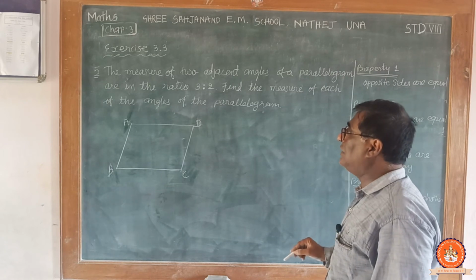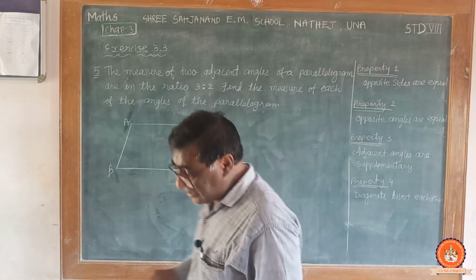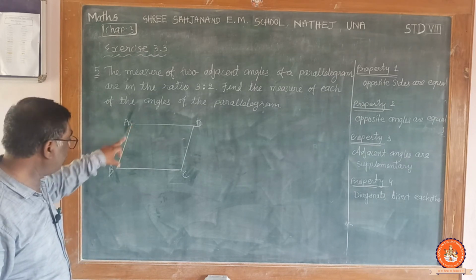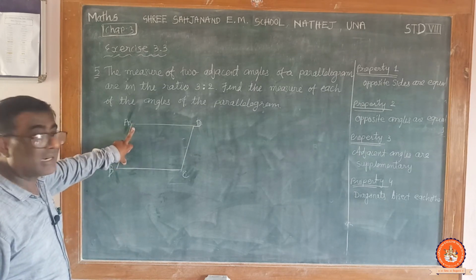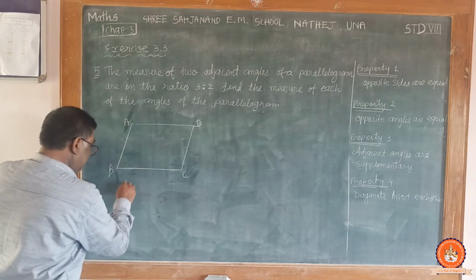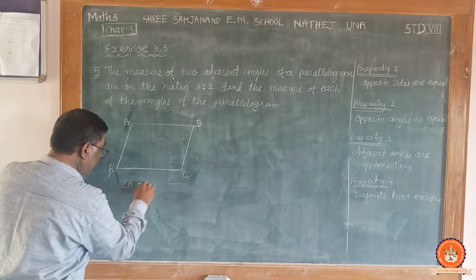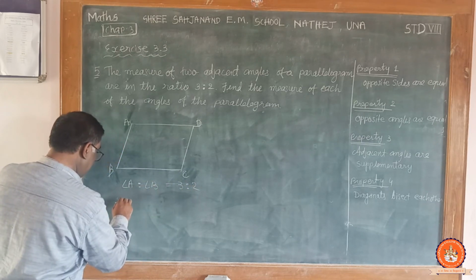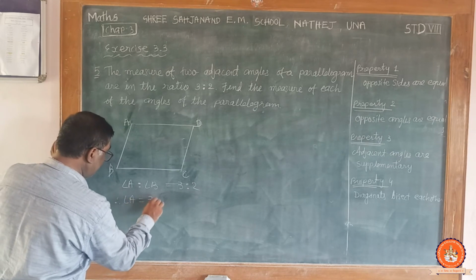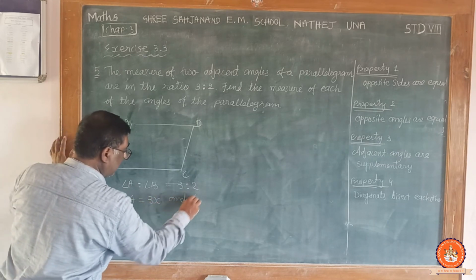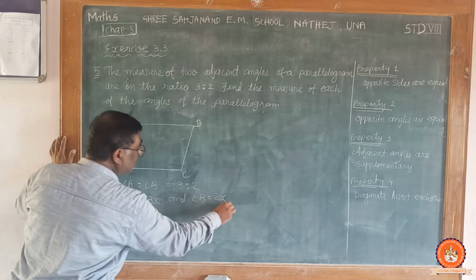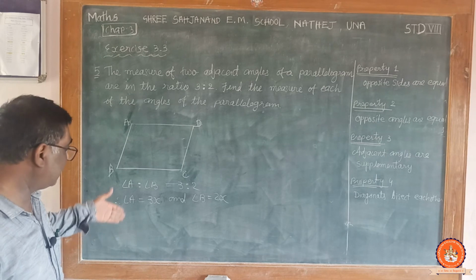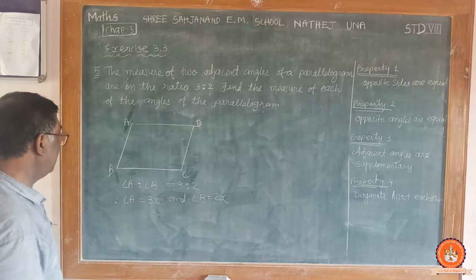Find the measure of each of the angles of the parallelogram. Suppose angle A to angle B is equal to 3:2, and therefore angle A is equal to 3x and angle B is equal to 2x. हम असूम कर सकते हैं क्योंकि रेशियो 3:2 है तो उसका मेजरमेंट 3x ले सकते हैं, उसका मेजरमेंट 2x ले सकते हैं.